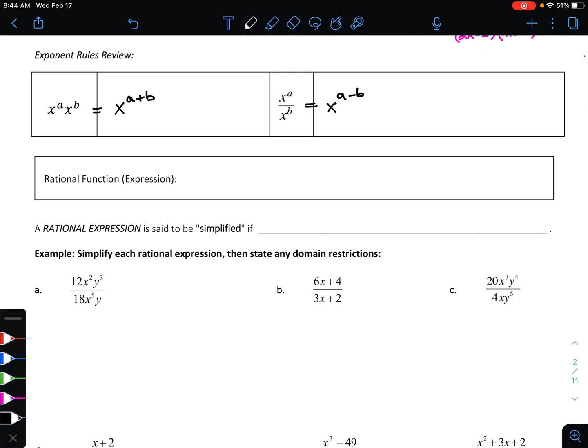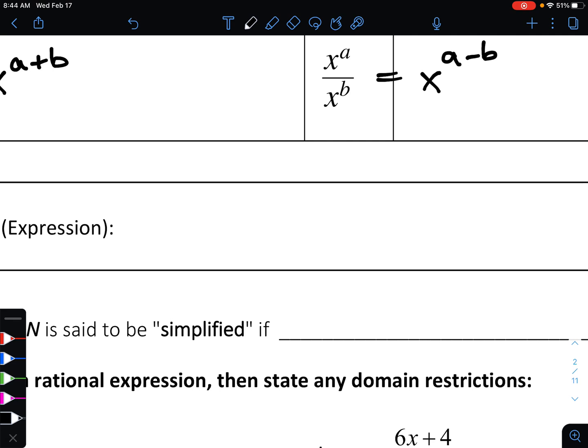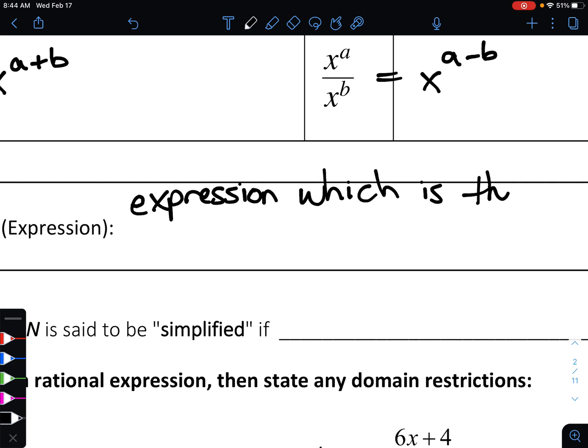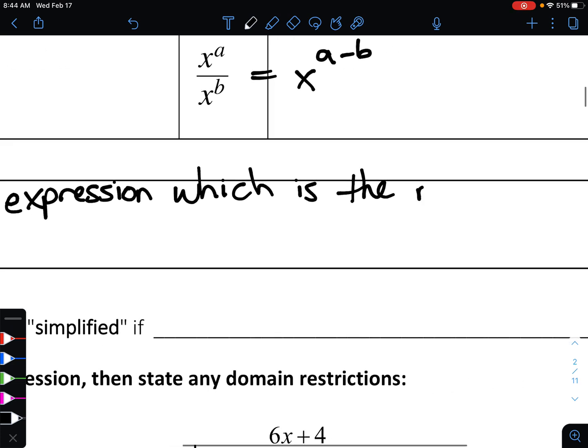Okay, so let's go ahead and define what a rational function is, or in this case today, what a rational expression is. A rational expression is an expression which is the ratio of two polynomials.